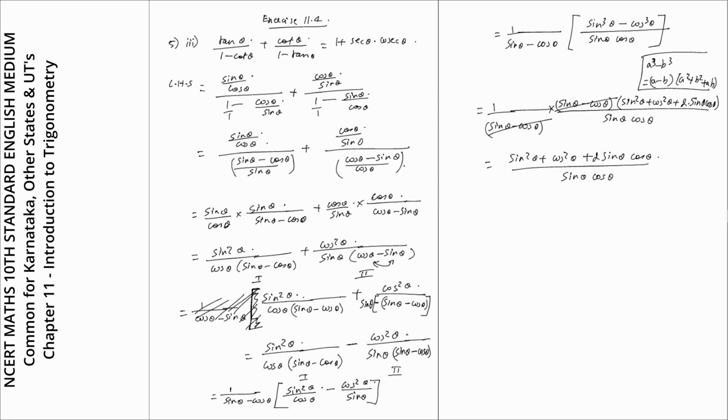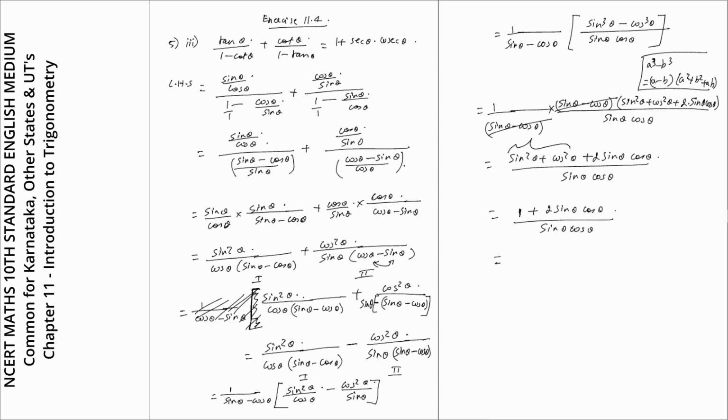Now sin square theta plus cos square theta is 1. Okay, so 1 plus 2 sin theta cos theta by sin theta cos theta.